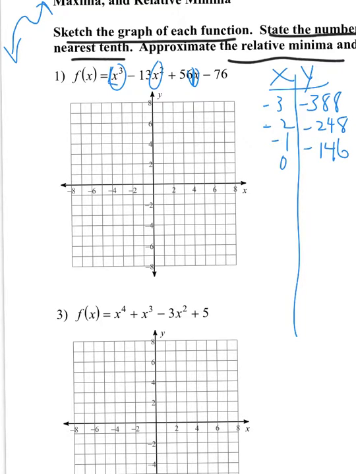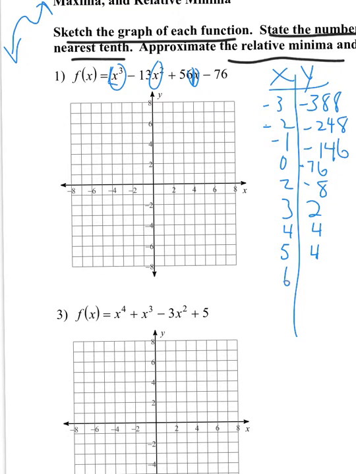At 0, we're at -76. At 2, we're at -8. So now we're coming back to where we can actually graph this on the grid that's given. At 3, if we plug 3 in there, we should get 2. If we plug 4 in, we get 4. If I plug 5 in, I also get 4.